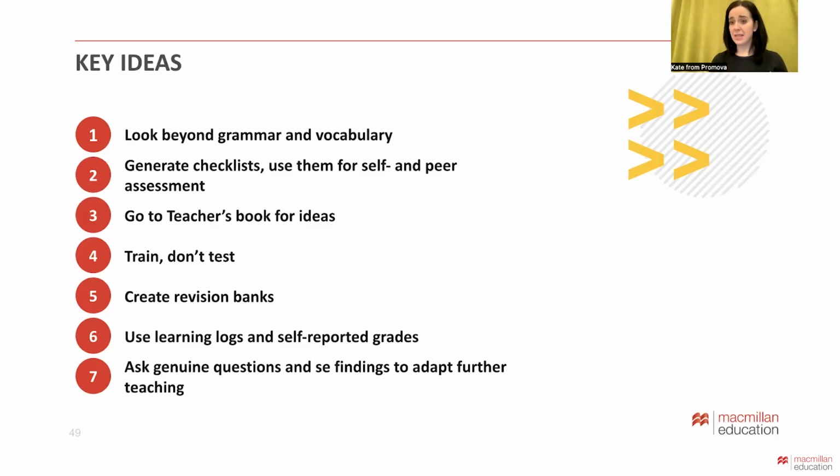One of the key techniques is checklists, and we should generate checklists while we're looking at examples, model texts, or brainstorming ideas for a specific type of writing. And we should use the same checklists for self-assessment and for peer assessment.